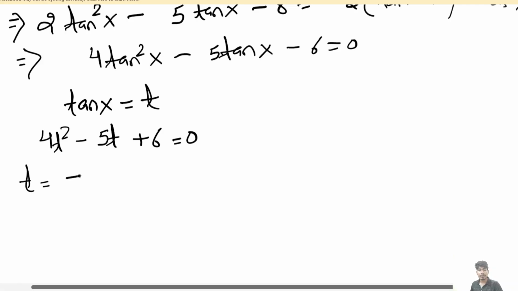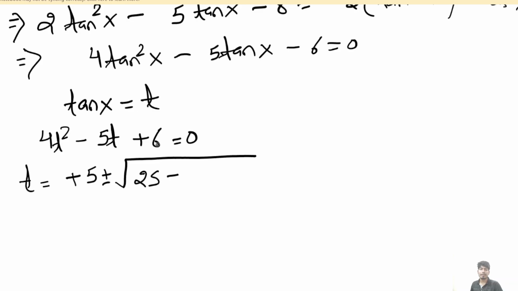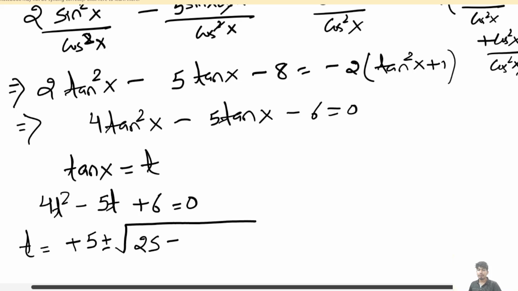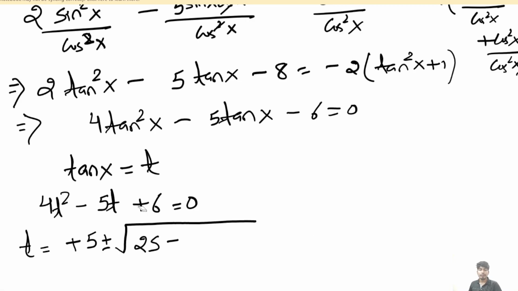t is minus b, means plus 5, plus minus under the root of b square minus 4ac. Here it is minus 6, not plus 6.